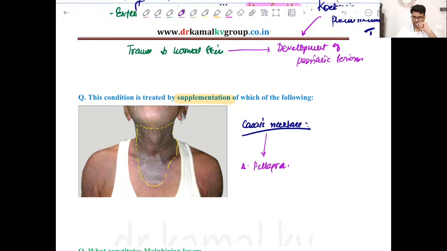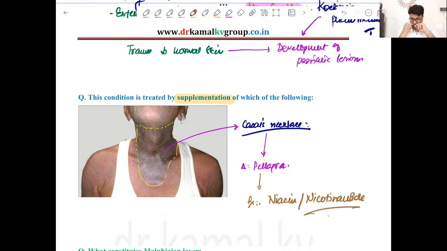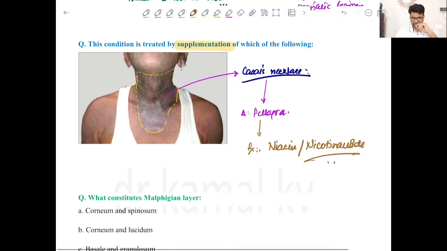Whenever you say Pellagra, treatment wise, you need to supplement niacin. Very good. So niacin or nicotinamide, whatever is given in the options. This is the answer to this particular case. This is the typical Casal's necklace of Pellagra.